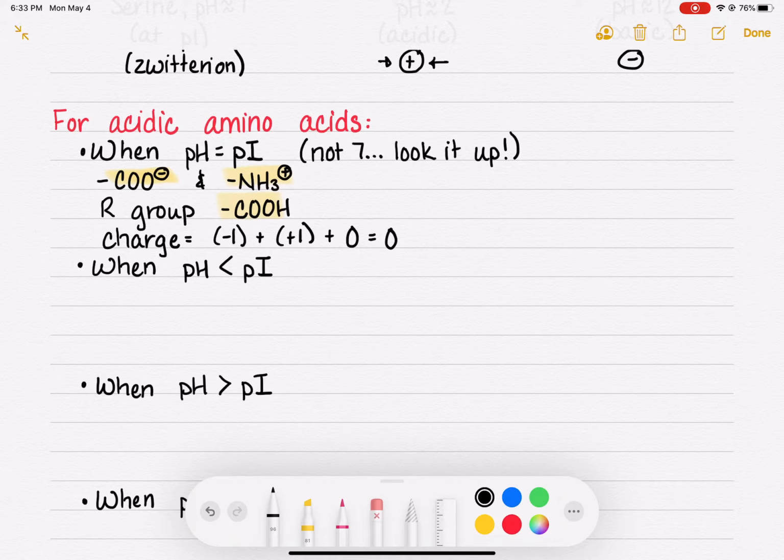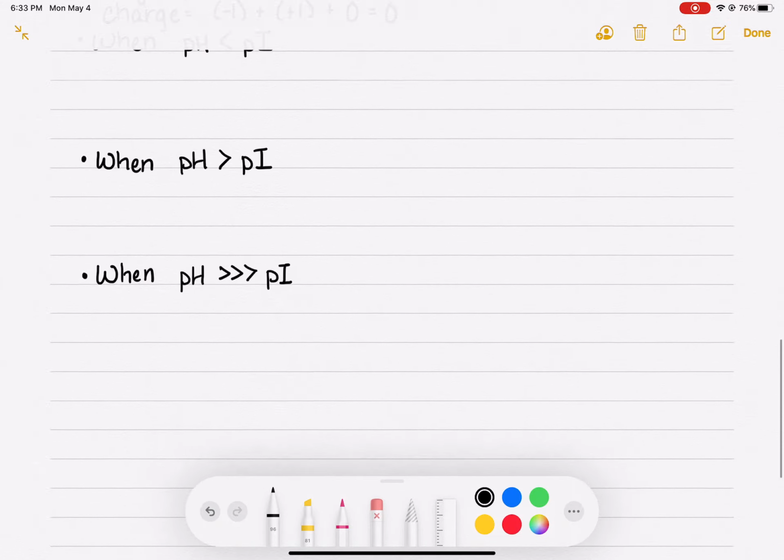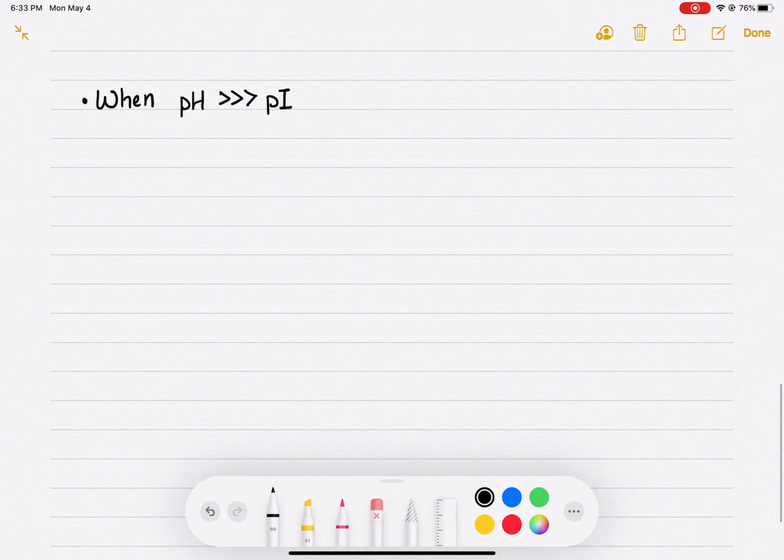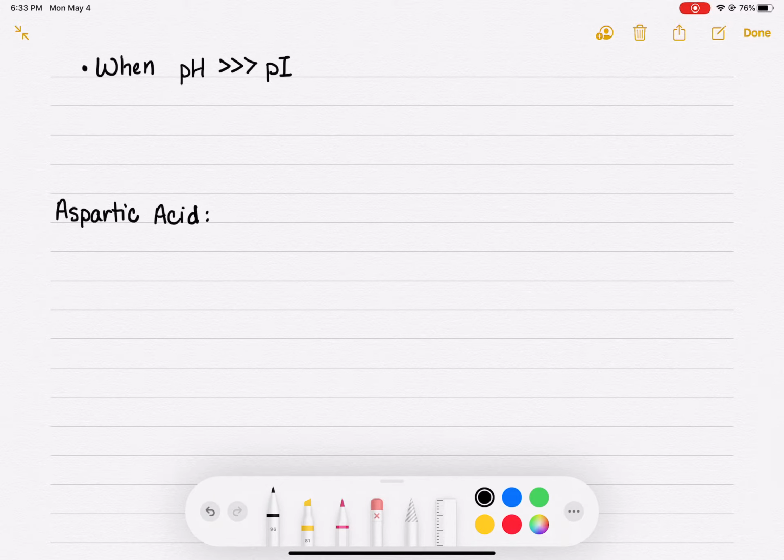Actually, let's just jump straight to a picture. For our example, we are going to do aspartic acid. And we are going to draw it first at a pH that is equal to its PI.